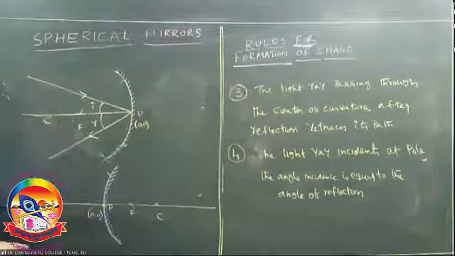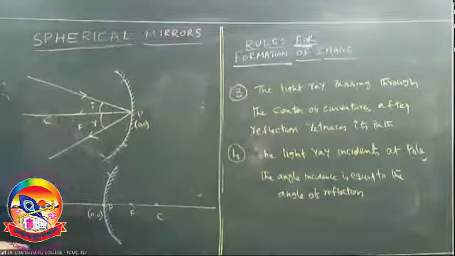But I know the law of reflection is applicable both for the plane mirror and also for spherical mirrors. The angle of incidence, the angle between the normal and the incident ray, let it be theta.